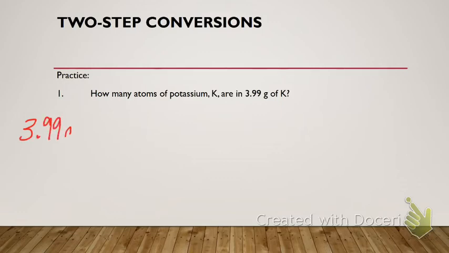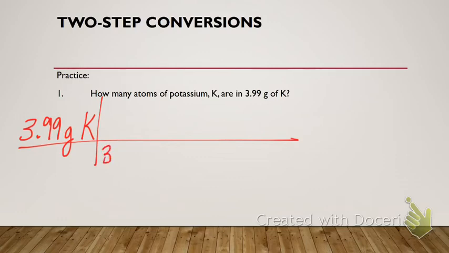So 3.99 grams of potassium. I want to get rid of grams of potassium, so what goes on the bottom? Grams of potassium. What is the molar mass of potassium? 39.10. Okay, I've gotten rid of grams. Now I'm in moles.